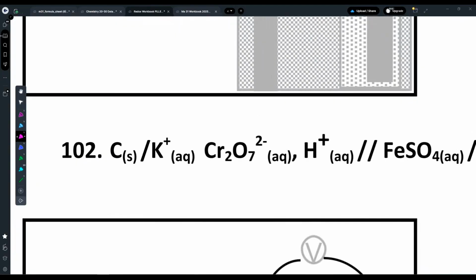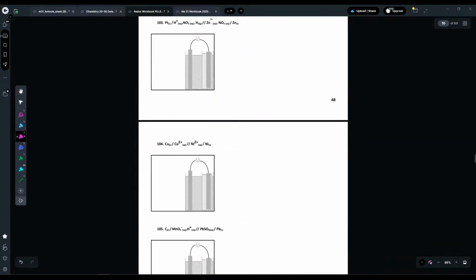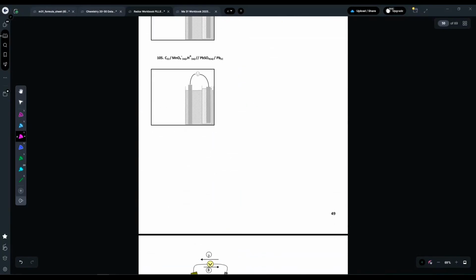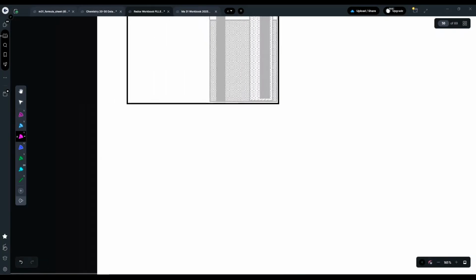So if this is sitting in a solution that contains an SOA, that means this is a cathode. Or if this carbon electrode, which is an inert electrode, is sitting in a solution that has your SRA, then it's going to be the anode. Okay, so I don't really have a whole lot of room on this page, so I'm going to write a little note on the next page that's important, so it's what I'm already saying here.